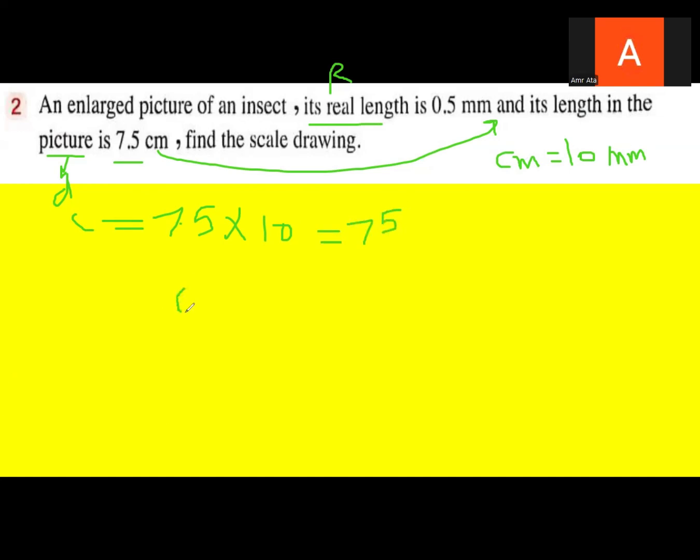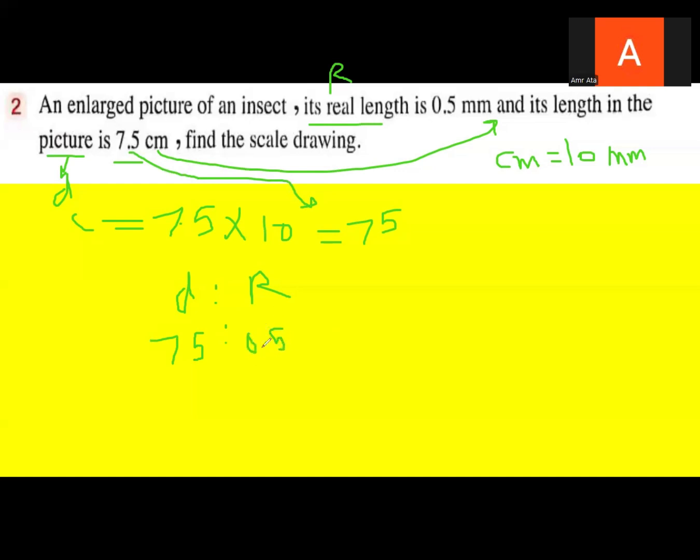Next step, draw to real. In the draw means in the picture or in the map, okay? In the picture, it was 7.5, but I converted it to 75, so I will write 75 to the real length, 0.5.